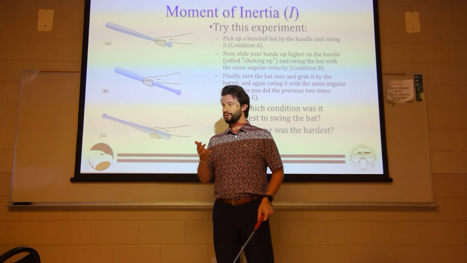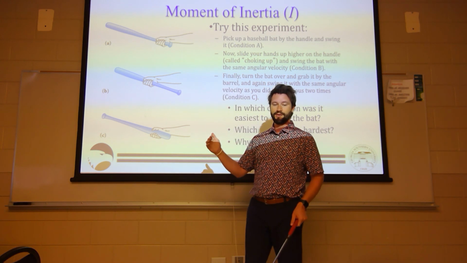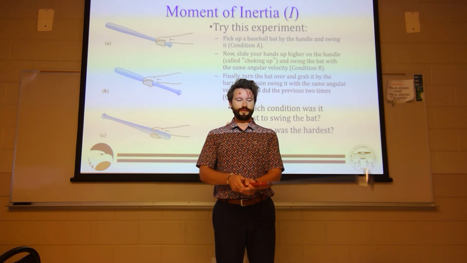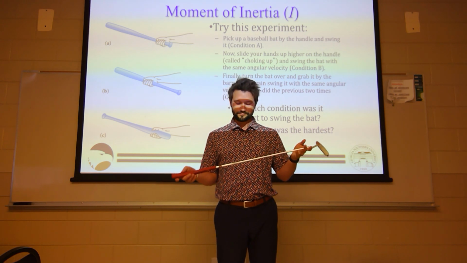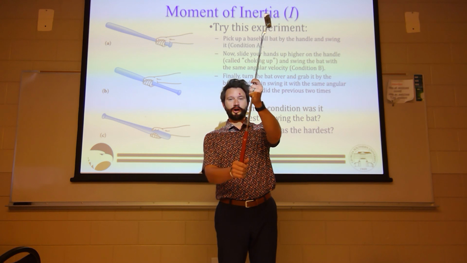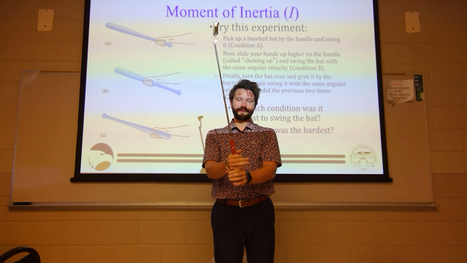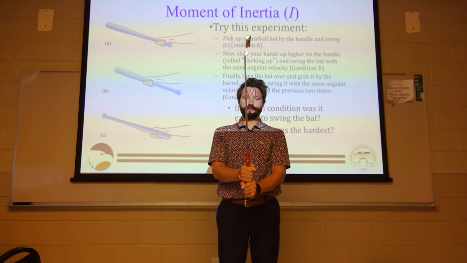We're going to create an angular motion with this object while holding it in three different places. Once you've found the object you want to use, hold it first all the way down at the lighter end. If it's a baseball bat or a club or a racket, you're holding it at the bottom of the handle.